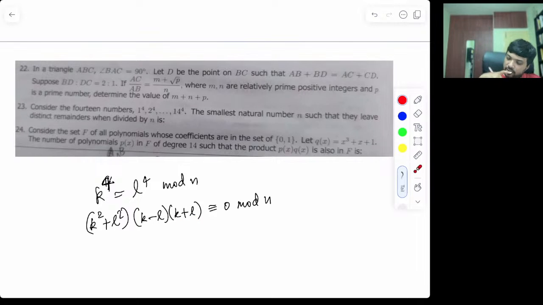Sorry, 14 doesn't work, right? 2 and 12 add up to 14. So you want to go beyond, I guess, 28 or 29, or else you can always find something that will add up. Then also k square plus l square should not be 0 mod n.